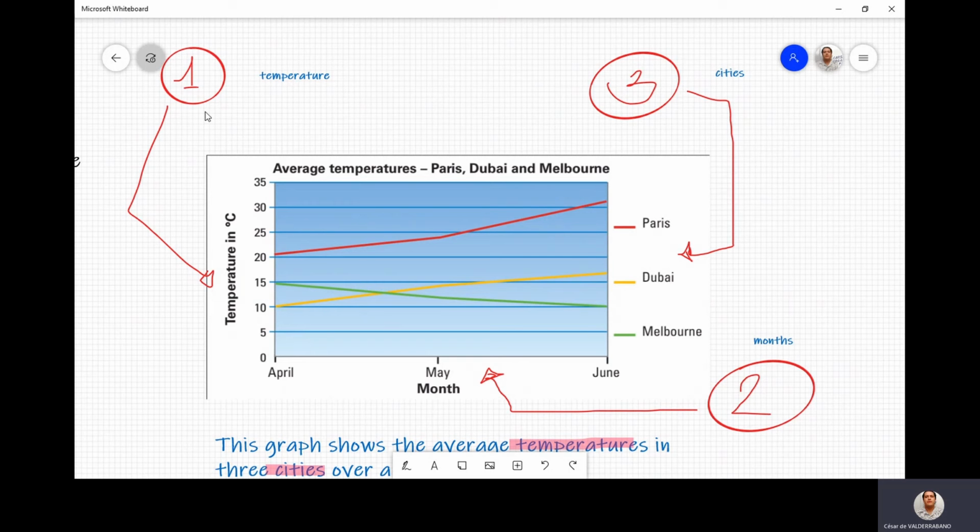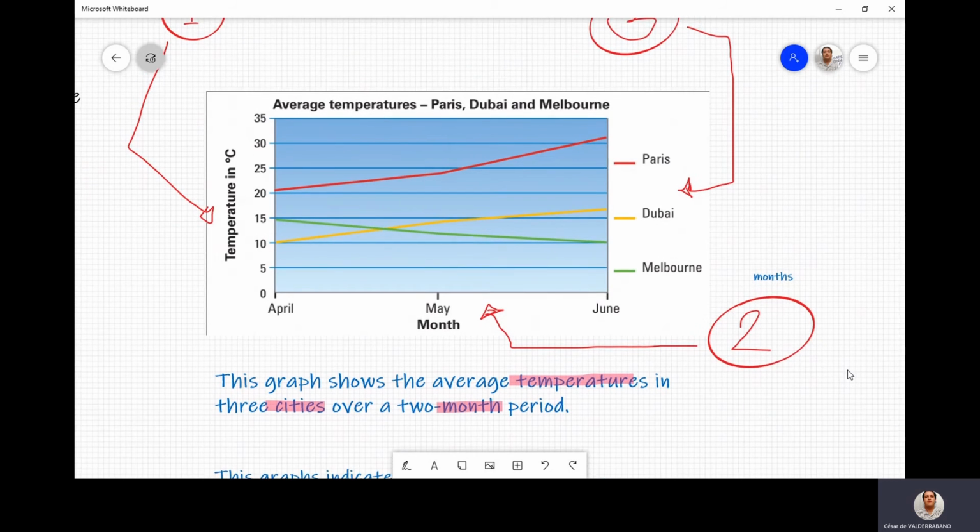Number 2 is months, which is going to be regarded as part of the information to describe these graphs. Sometimes they are describing the changes, they are comparing, etc. We have here the number 3, the cities. So we have the temperature, the cities, and the months. Very important to take these 3 elements.